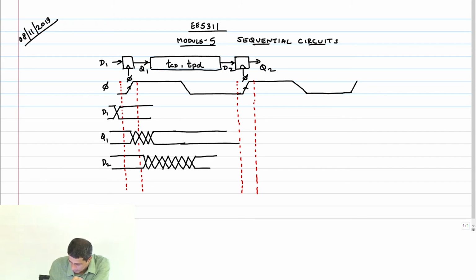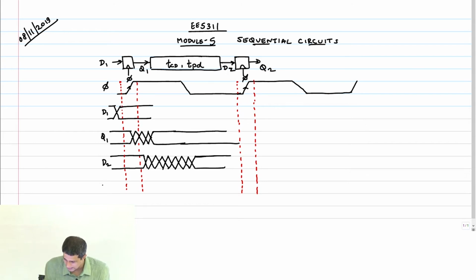As soon as this Q1 starts changing, there can be a path in the combinational block which will actually race to the output. Therefore you don't have to wait for the propagation delay to finish for the combinational block output to start changing. So the contamination path can start earlier.